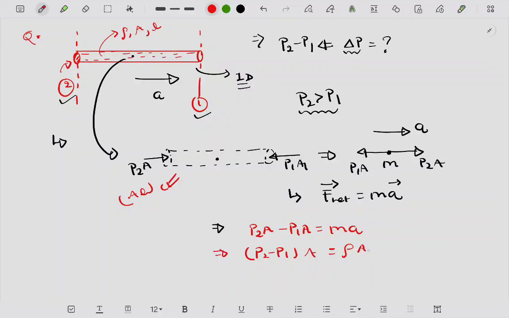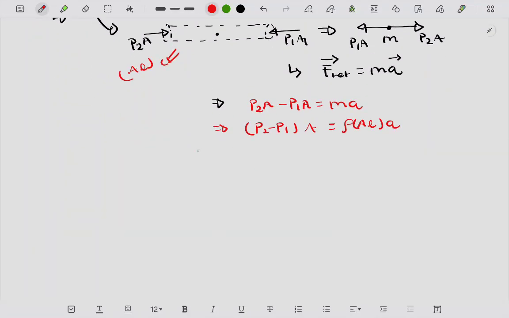So the volume is A into L, and this is the acceleration. After solving this we get P2 minus P1, and since area is on both sides, it cancels, and we get the expression rho a L.